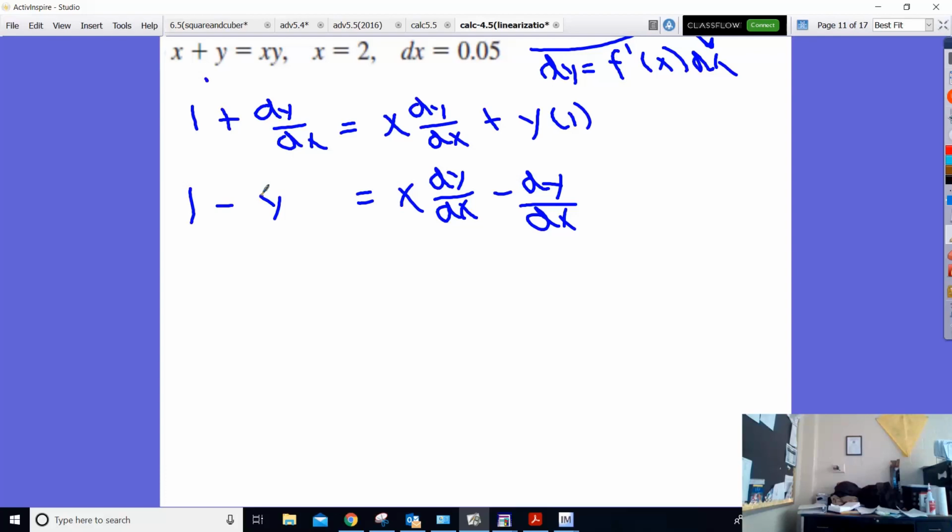You can't have y back in itself. I'm probably going to have to go back and look at some work that I erased. Didn't I solve for y earlier? This is kind of a pain in the butt. I guess we'll pull the dy dx from the right-hand side. That's going to give me an x minus a 1. Divide it out.